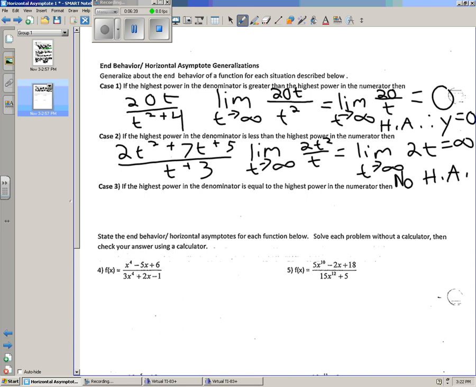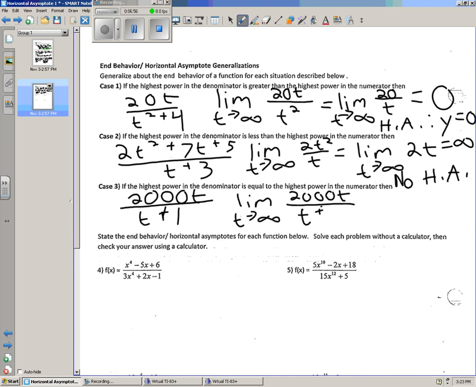So now in question 1, the two leading exponents were equal. So we had 2,000t over t plus 1. So if we look at our end behavior model, the top really acts like 2,000t, and the denominator really just acts like t. So this really just acts like 2,000.